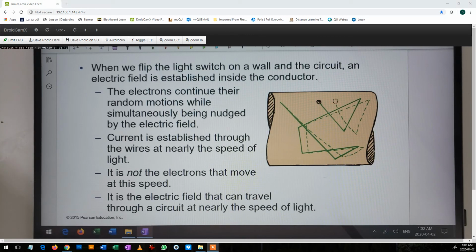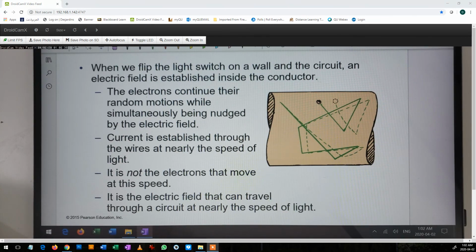Current is established through the wires at nearly the speed of light, because it's an electromagnetic wave. It is not the electrons that move at this speed. The electrons will just be nudged, pushed a little. The electrical field will move at almost the speed of light in the wires.